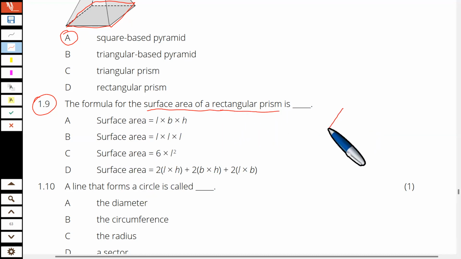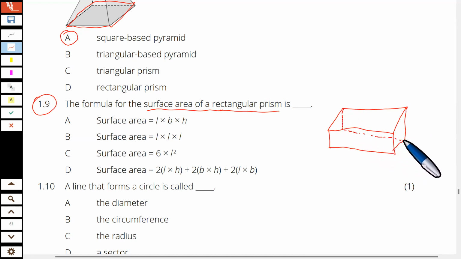So if you're dealing with this here, right, so it is length by breadth by height.